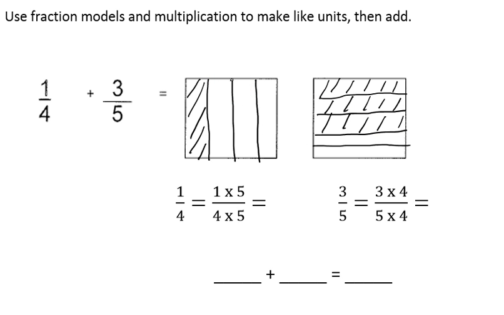From there, to make like units, we will draw each fraction on top of the opposite model. For example, I'm going to draw my fifths on top of my fourths. So I'll draw those same horizontal lines.